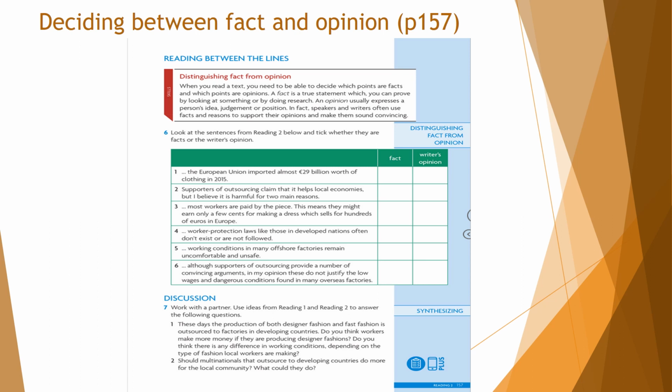A fact is a true statement which you can prove by looking at something or by doing research. An opinion usually expresses a person's idea, judgment, or position. In fact, speakers and writers often use facts and reasons to support their opinions and make them sound convincing.